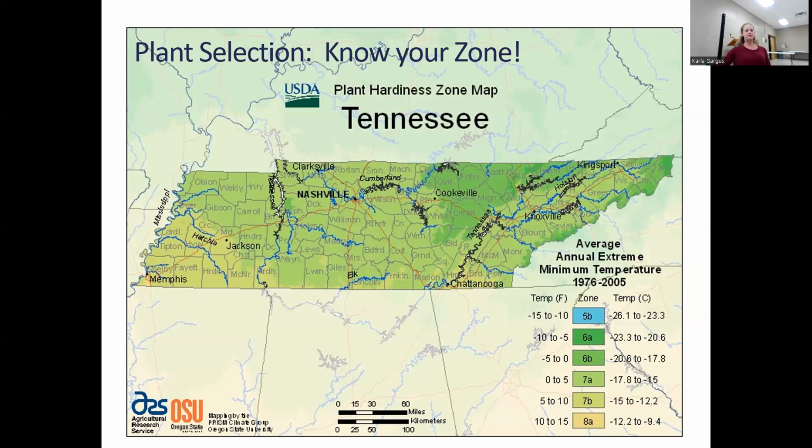Now, if you pick something that says for zone 4, it probably would be fine during the winter months, but the summers are going to be too hot for it to handle. And vice versa. If you get a tropical plant, it would be fine to set out during the summer months when it's warm and it's above freezing. But when we get our first freeze, then that plant's going to die off or be damaged.